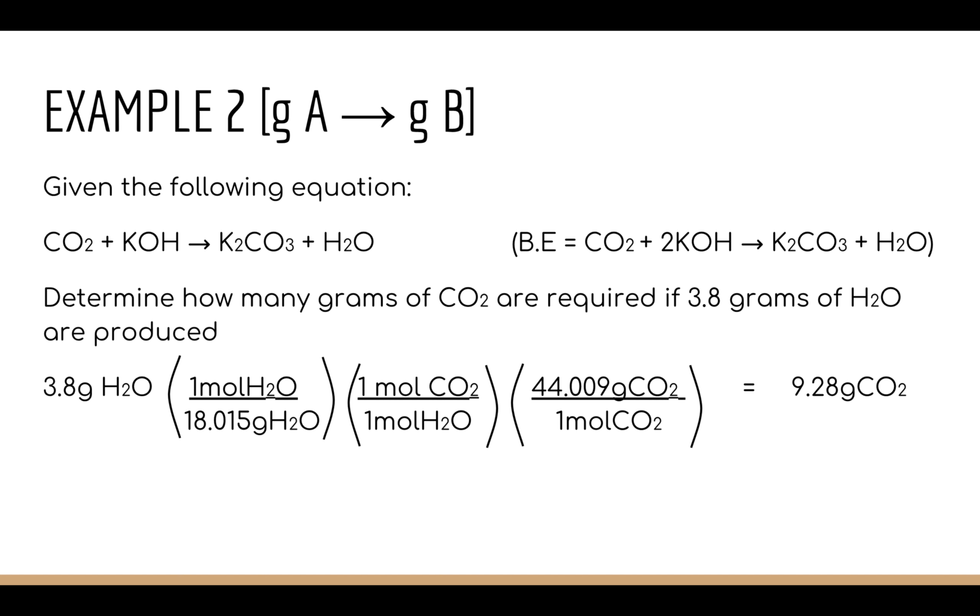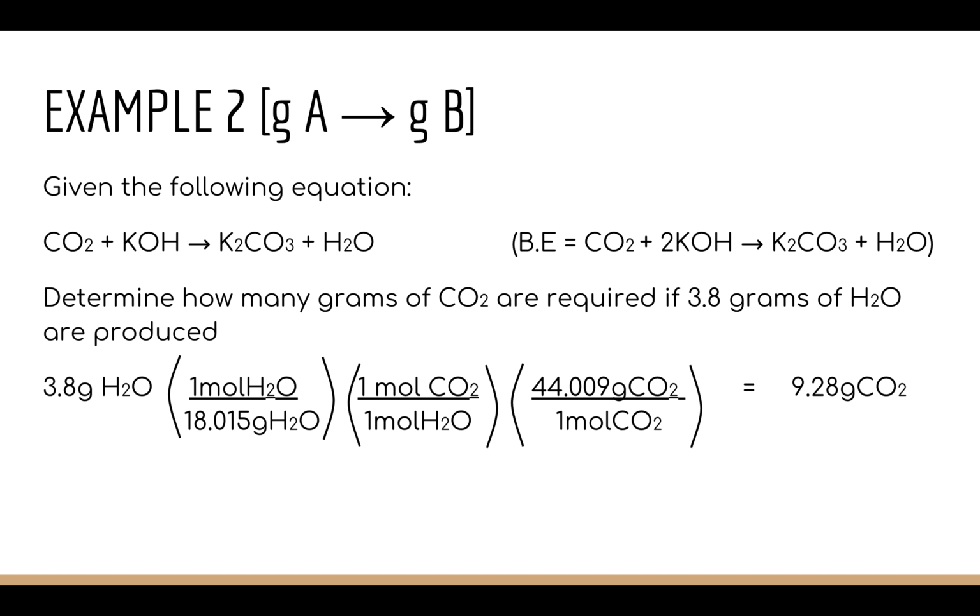In example 2, we use grams. It's the same method, but one more step. Determine how many grams of carbon dioxide are required if 3.8 grams of H2O are produced. Once again, we set up our equation. 3.8 grams of H2O.